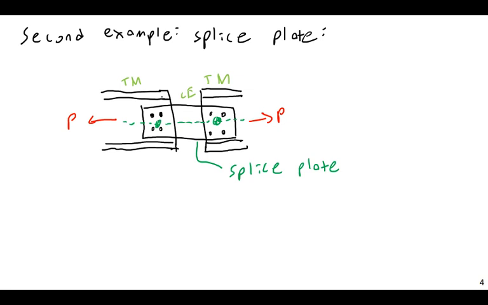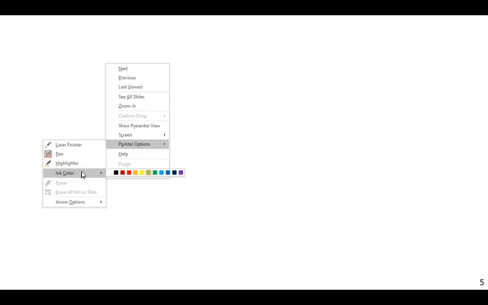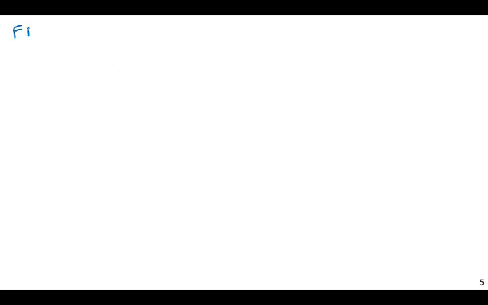So next I'd like to draw a free body diagram of how a tension member and connecting element work together, and how we're going to distribute load around and through our tension member connecting element systems. Okay, so let's label this free body diagram of tension member and connecting element.